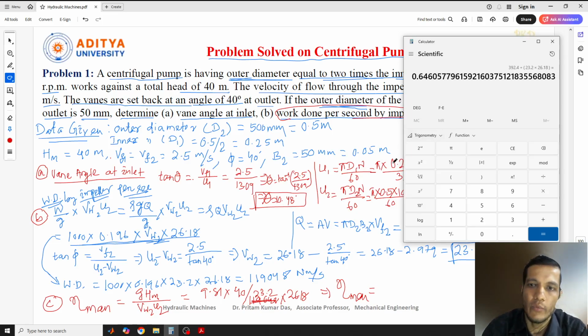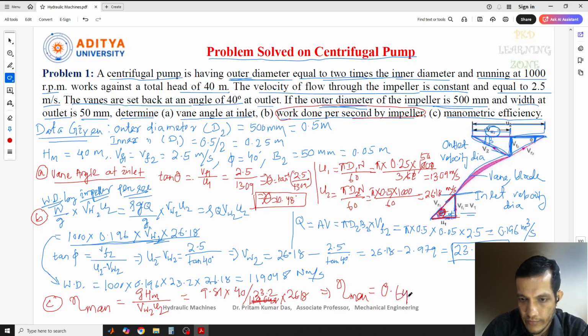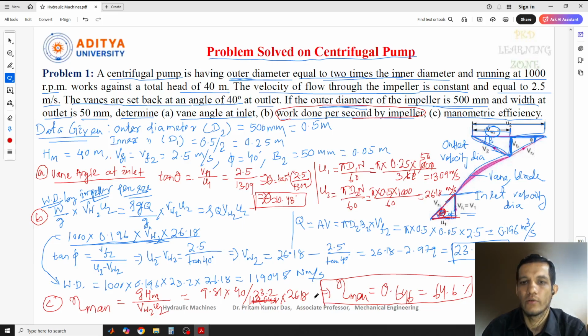That one we got was 1.25 something, 10 to the minus value, that is different. So anyway, this is 0.646, or you can write this as 64.6%. This is the efficiency value. Okay, this is the manometric efficiency.